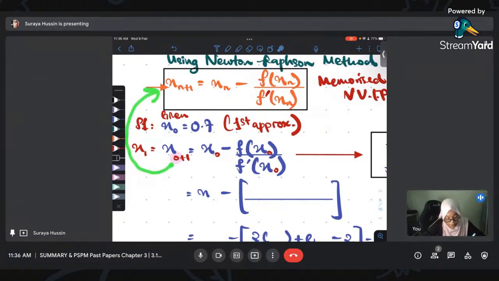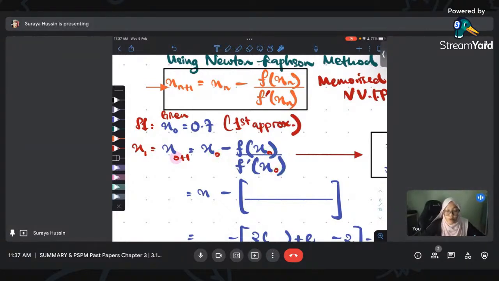Okay, when I'm trying to find x1. Okay, saya tengah cuba untuk cari x1. Therefore, kalau nak cari x1, my n should be 0. Therefore, belakang ni semua x0 lah. It should be x0, x0, x0 already.